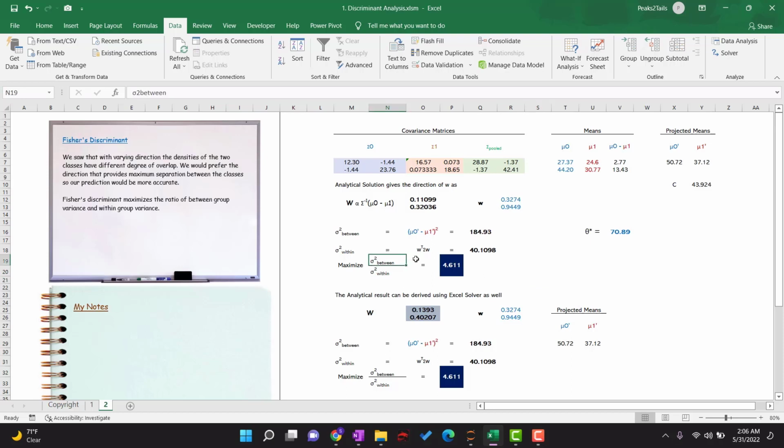Between group variance is easy. It is the square of the difference of the projected means. Correct? So we have the projected means here. Take the difference, take the square, and you get the sigma square between. This is something that we want to maximize. We want the projected means to be as far apart as possible. Then we have proper discrimination, right?